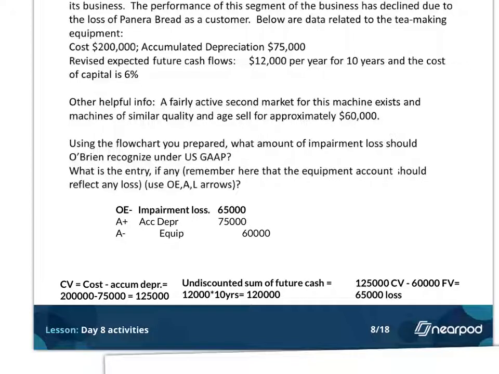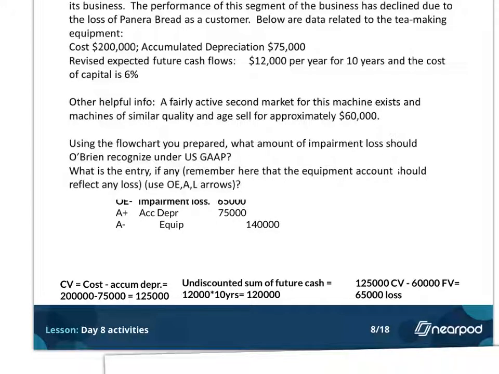Whoops, I'm sorry, I'm not going to make the entry for $60,000. What am I saying? I want to make it for whatever it takes to bring the account from $200,000 to $60,000. All right, so this is my entry.